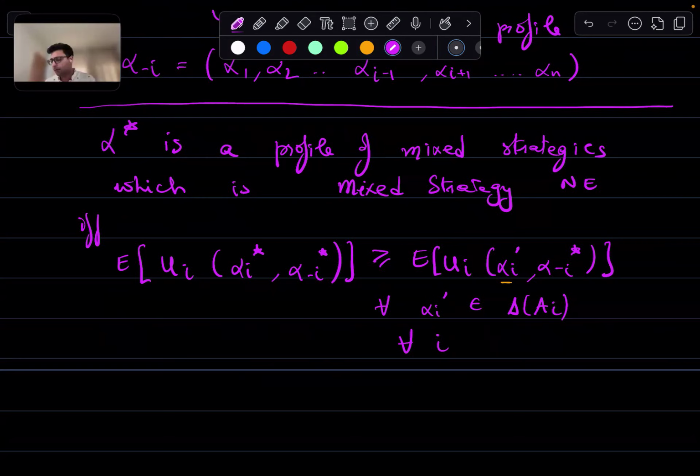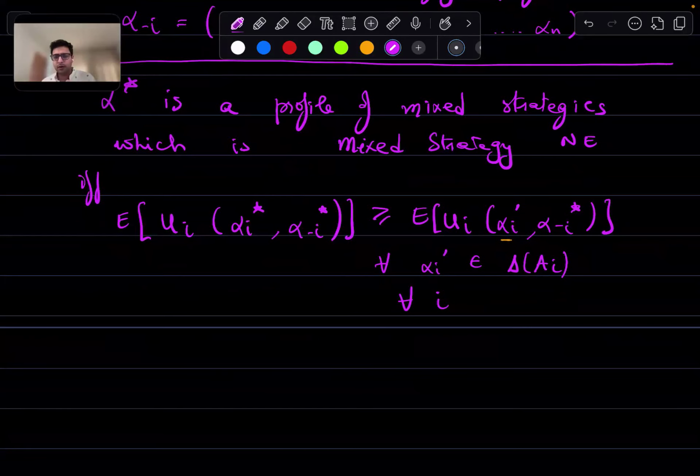Tell you what, I'll write that down in a second. So this is a pure strategy Nash equilibrium definition.